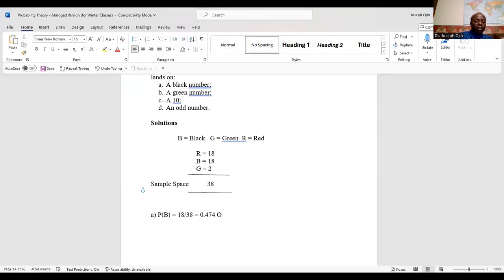Or if you like, you can say that there is a 47.4% chance that the ball falls on the black slot.